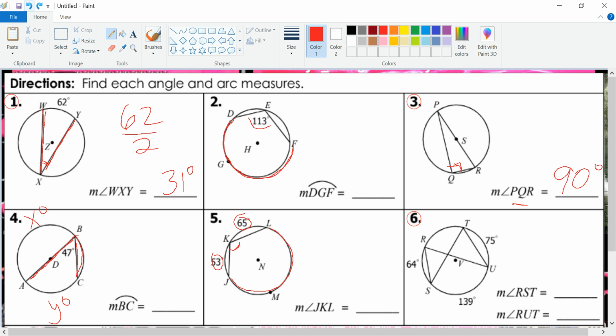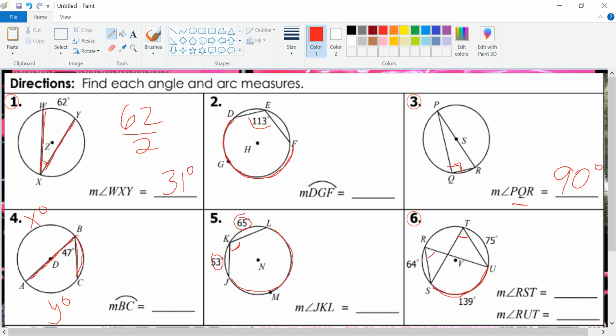And lastly, the last thing we learned is that if you have two inscribed angles, such as these two, that create the same arc, that means each of these angles should be equal. So the arc SU is always twice as big as the angle.